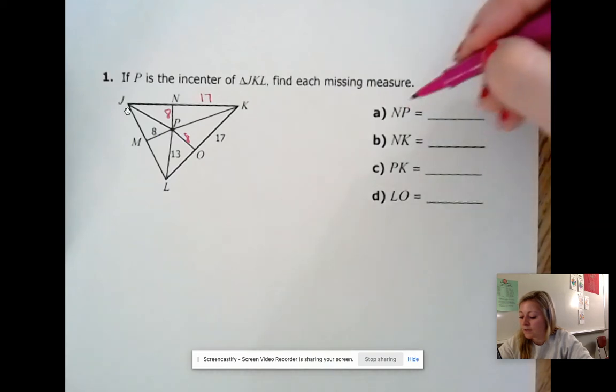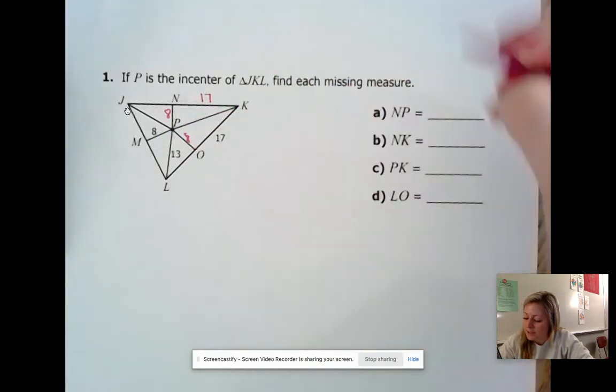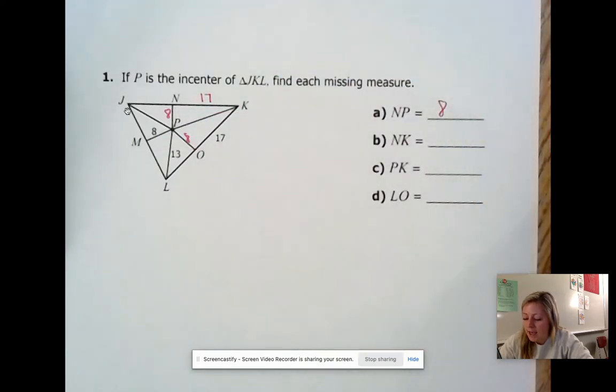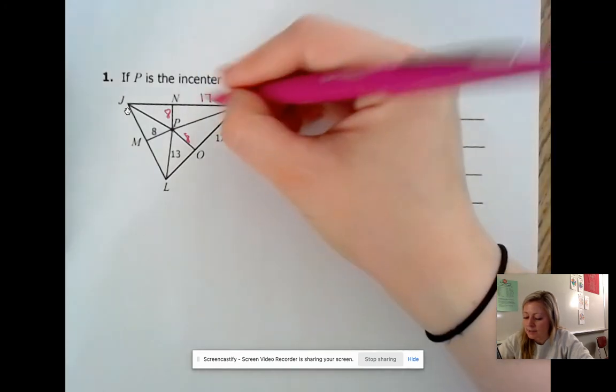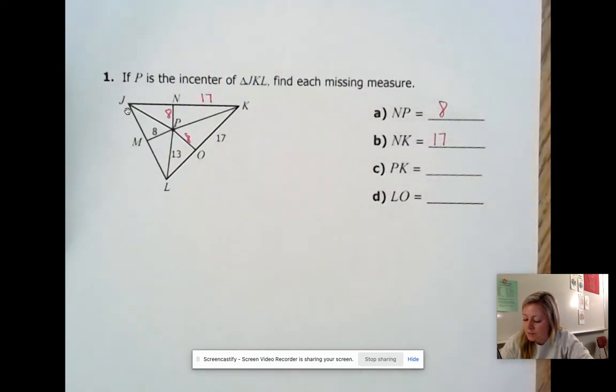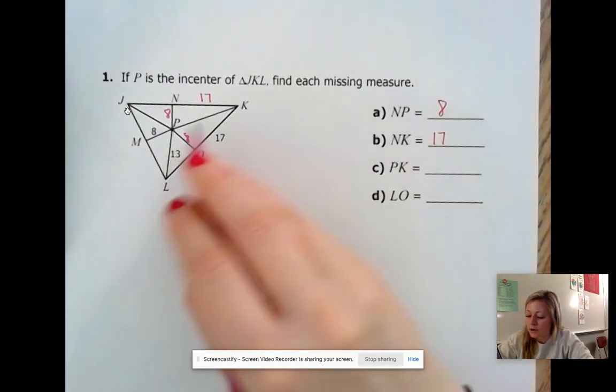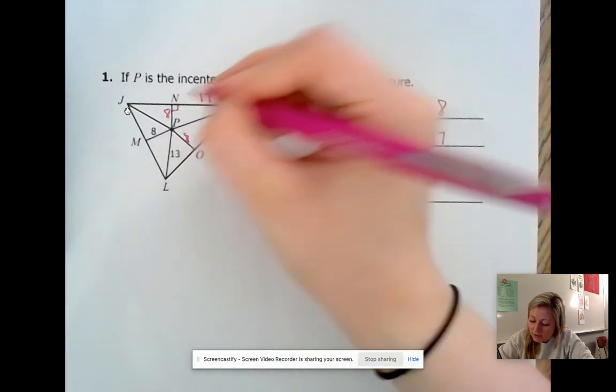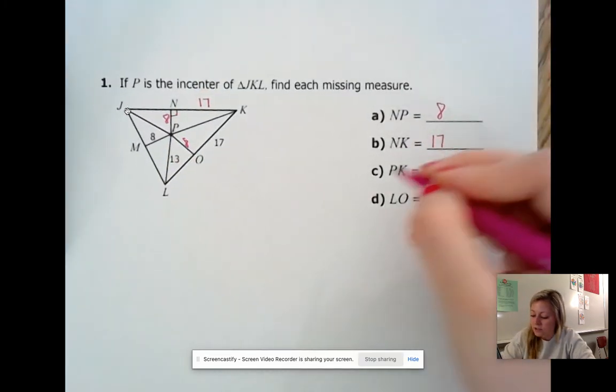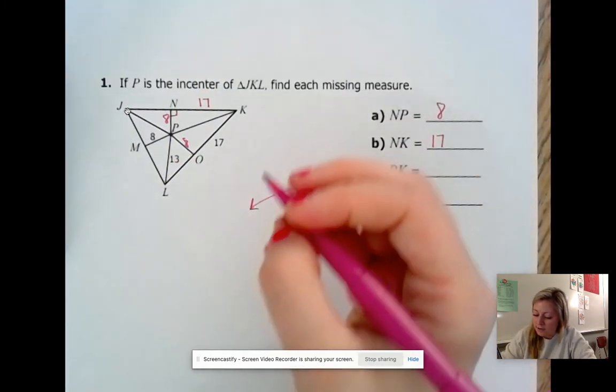Okay, let's see what we can fill in. NP, we labeled as 8. NK, we labeled as 17. PK, oh, we don't know it, but remember guys, these are all little right triangles in there, so we can just do the Pythagorean theorem.